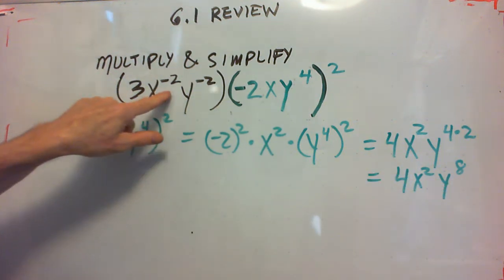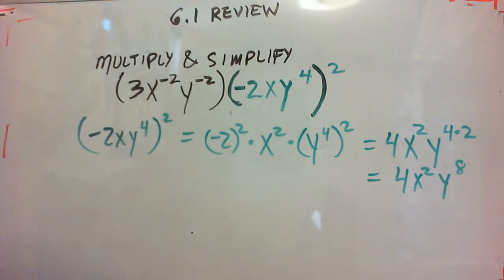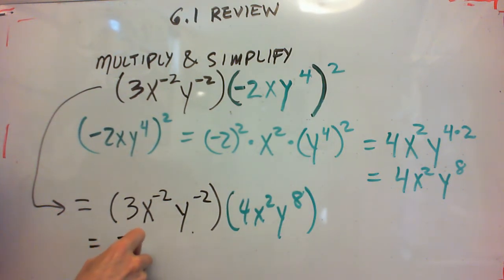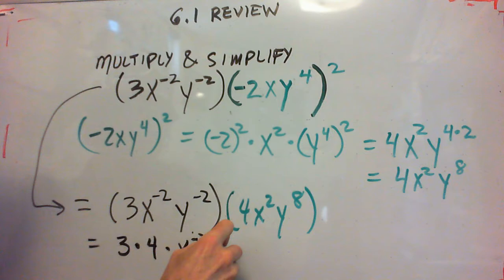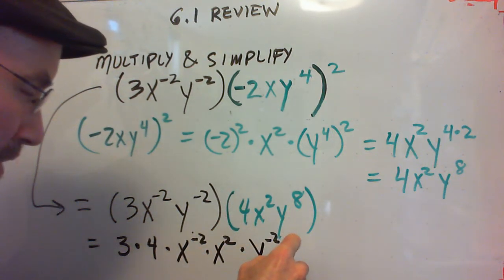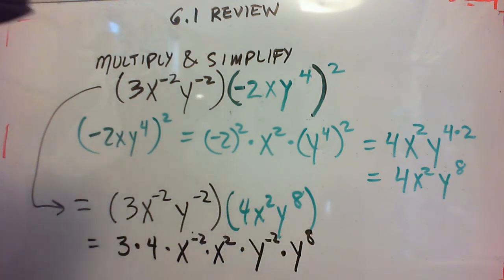So now we multiply that first quantity times this result. So when we do that, we're going to rearrange this as 3 times 4 times x to the minus 2 times x to the positive 2 times y to the negative 2 times y to the 8th.